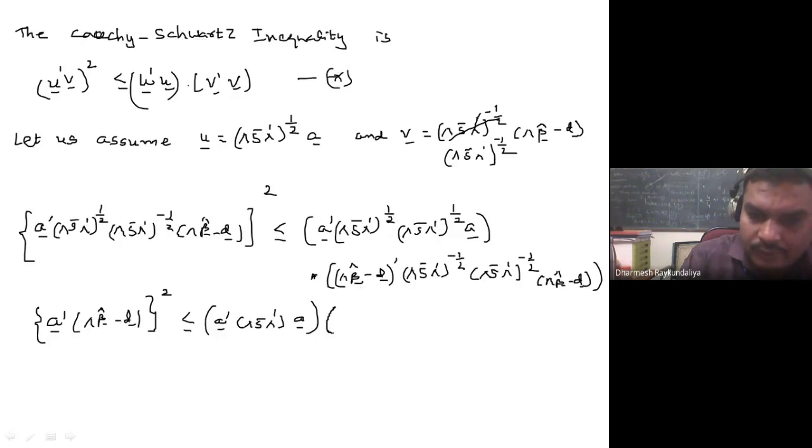And what about this? This is minus half, it is minus 1, so this is a quadratic form, lambda beta cap minus d transpose lambda s bar lambda dash raised to minus 1 lambda beta cap minus d.